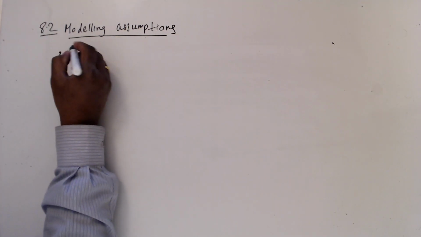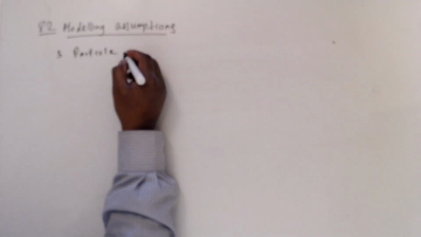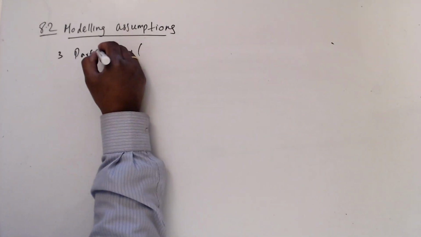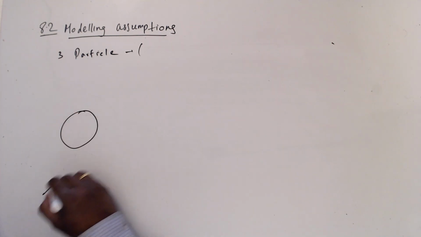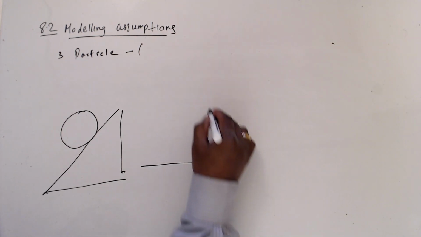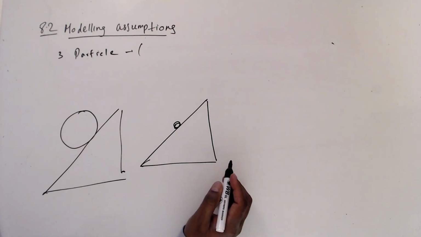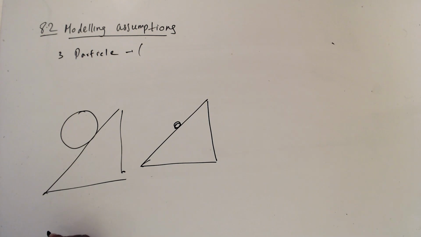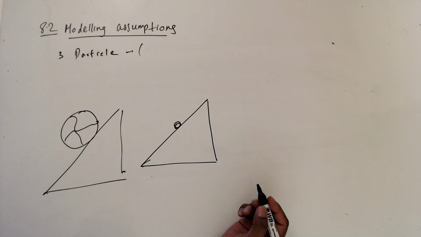The third one I'm going to discuss is the particle. Here, instead of a ball, assume we keep a football on an inclined plane. Instead of that, we refer to it as keeping a particle. Can you guess one thing we disregarded here? We disregarded that this is a ball, we disregarded the dimension.